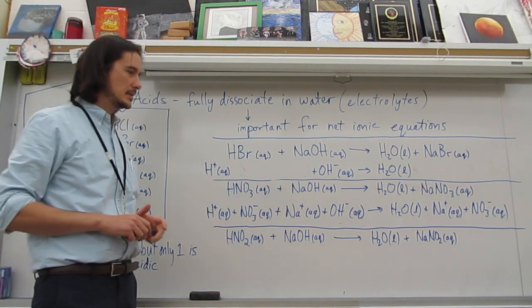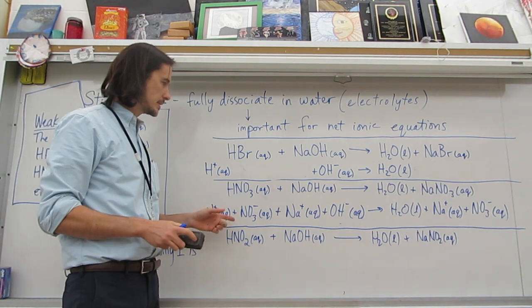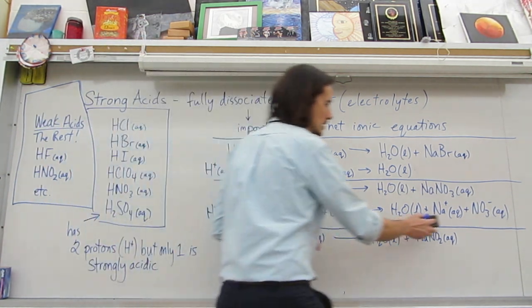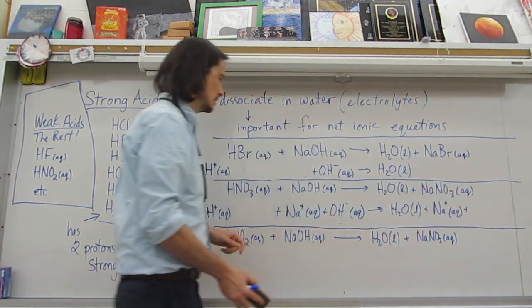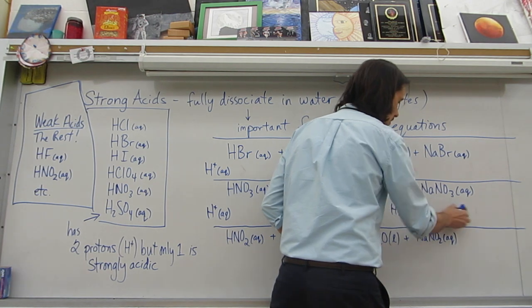Okay, so we have our complete ionic equation there. And again, we're going to get rid of any spectator ions. We see nitrate is a spectator ion. And again, sodium, the spectator ion.